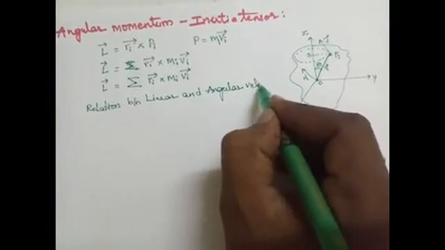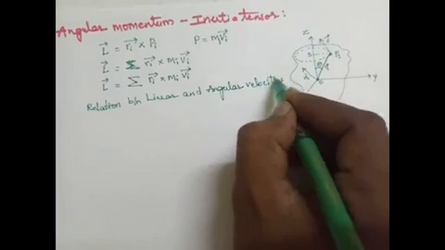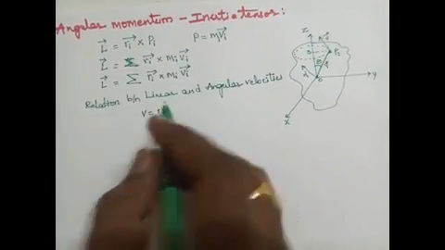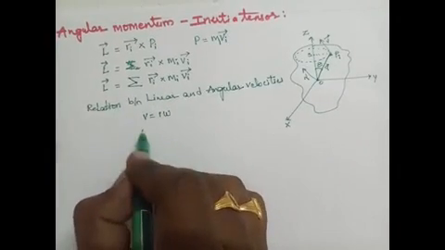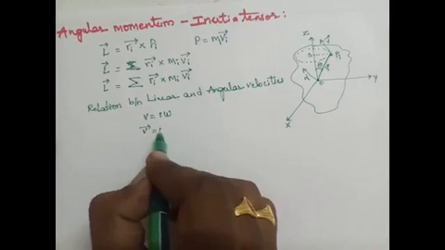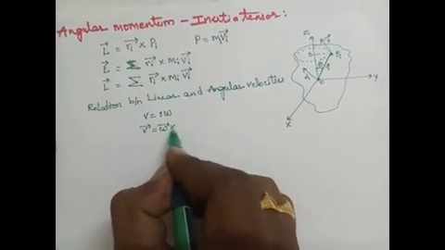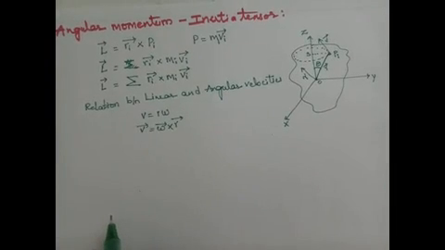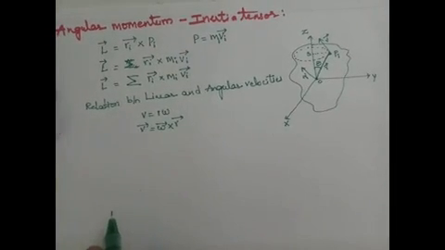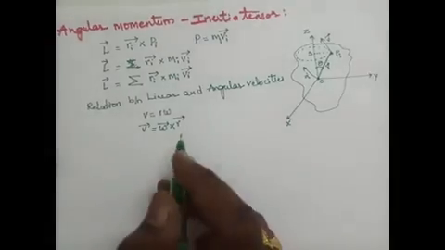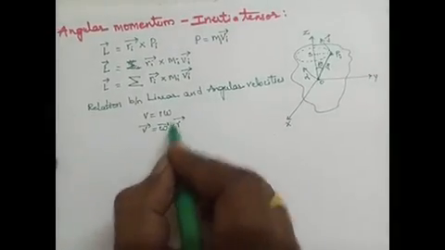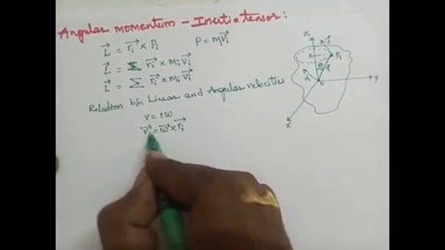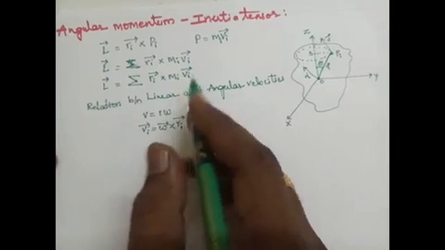How can we write it? V equal to r omega, that is the general case. Vectorially, V bar is equal to omega bar cross r bar. Substitute this value in the above equation. For the ith particle we write Vi.